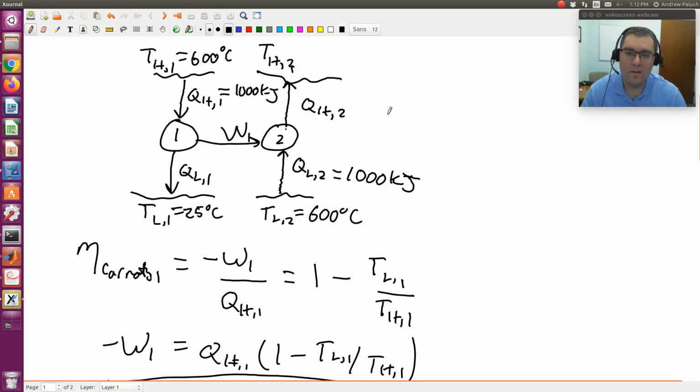When I look at it this way, it's still the same cycle, we're just doing the opposite thing, so I'm still going to write my Carnot efficiency the same way. So it's negative W2, which would be equal to positive W1 over QH2, equal to 1 minus TL1 over TH1.